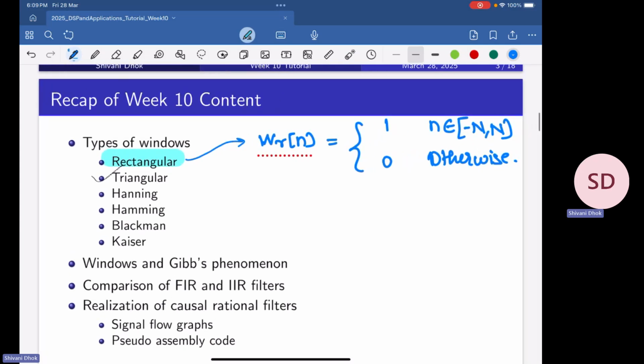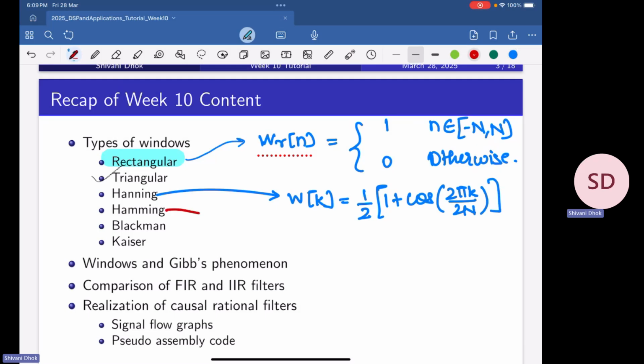I'll just write down the expressions for the Hanning, Hamming, Blackman and Kaiser windows. The rectangular window is simple, so that is okay. The Hanning window is given by W of k equal to half of 1 plus cos of 2 pi k by 2N.